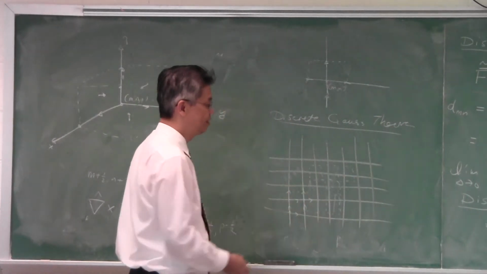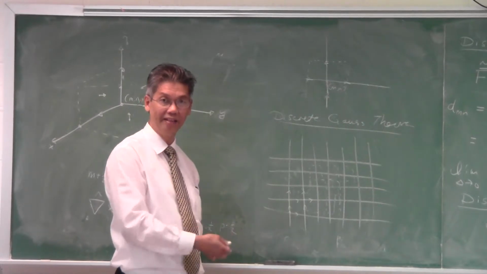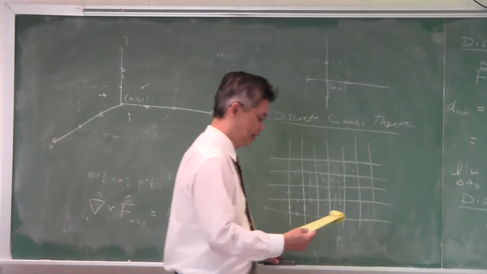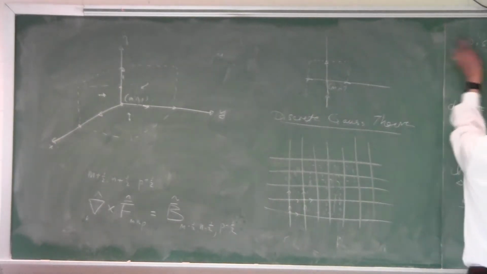If I take all these divergences and add them up together, the interior fluxes will cancel, leaving behind a surface flux.